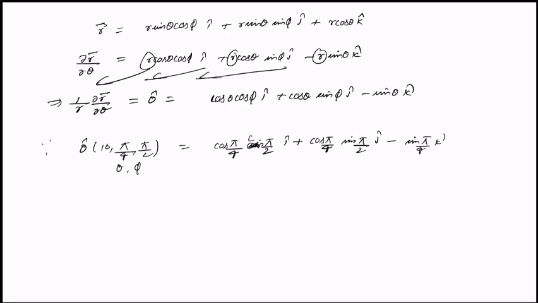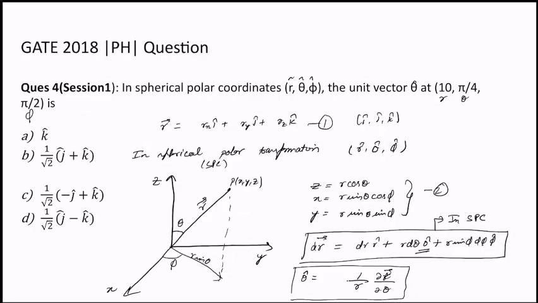Now cos 90 is, you all know, 0, so this term will vanish. What is left? Cos pi by 4 is 1 by root 2, sine pi by 2 is 1, so 1 by root 2 j cap minus 1 by root 2 k cap. So 1 by root 2 times j cap minus k cap. So this is the answer. Out of these 4 options, option D is correct.